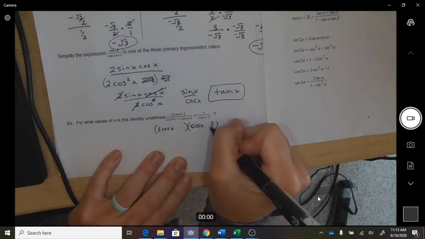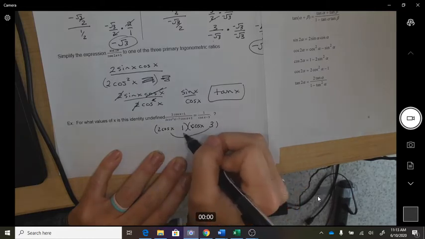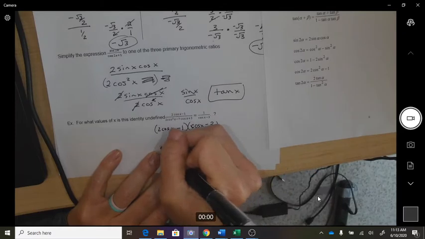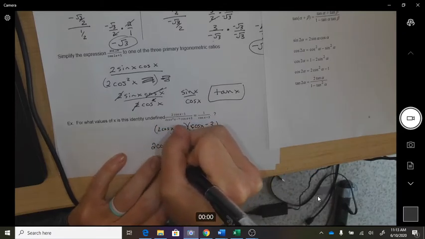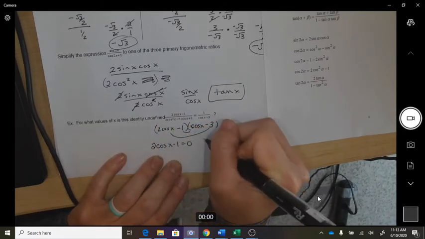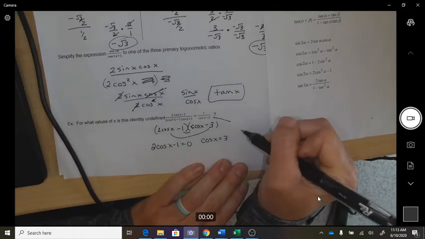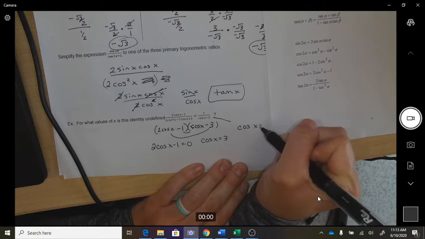So I'm going to go 3 there and 1 there, so that I'm making a 6 and a 1 when I FOIL that out. Minus, minus. So 2 cos x minus 1 equals 0, cos x equals 3. And then in this one, it's also the same as cos x equals 3.